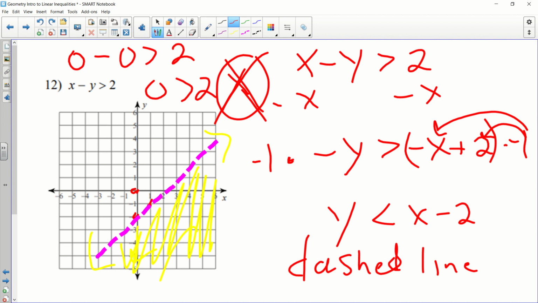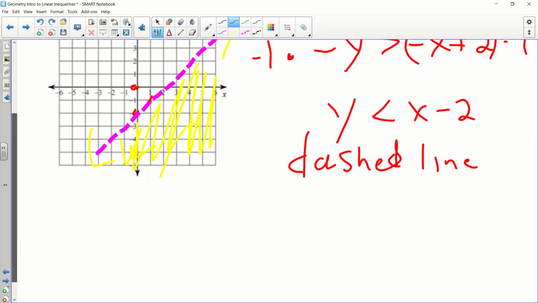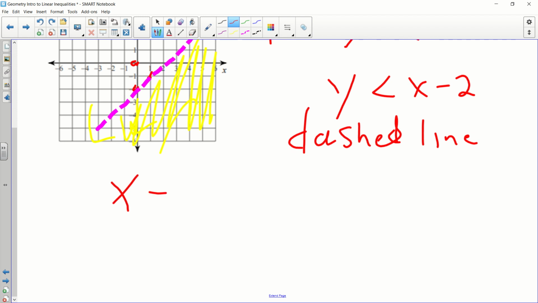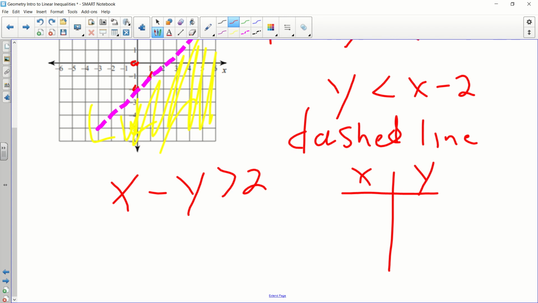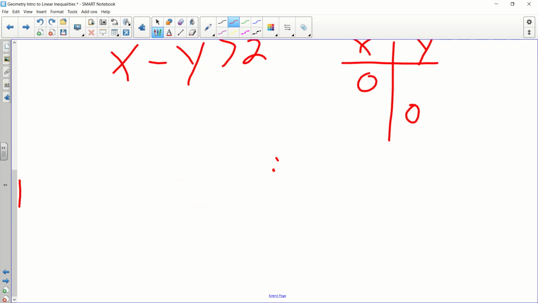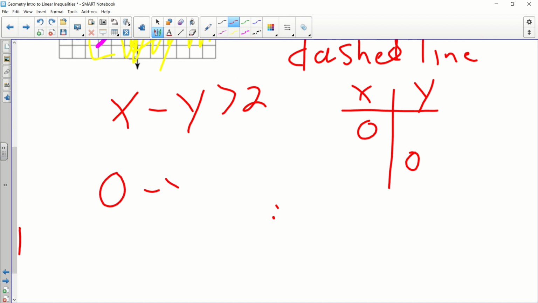Now, if you struggle with the algebraic process of manipulating the inequality by moving things over, the other option is always just to create a table. For me, the easiest table to create is the intercepts: when x is 0 and when y is 0, to get my 2 points. So I put 0 in for x. 0 minus y is just negative y.